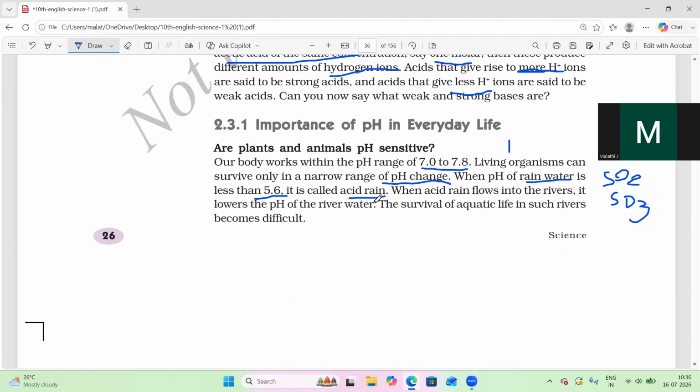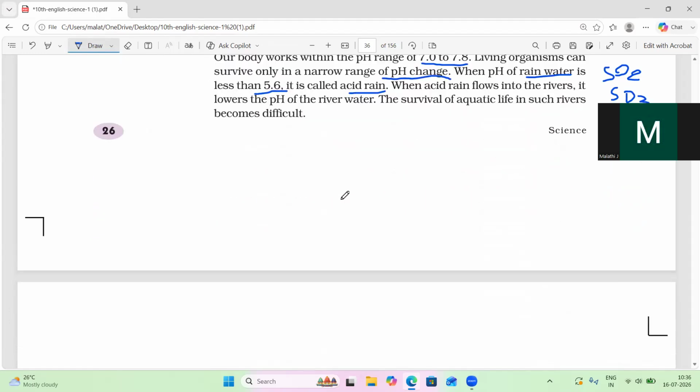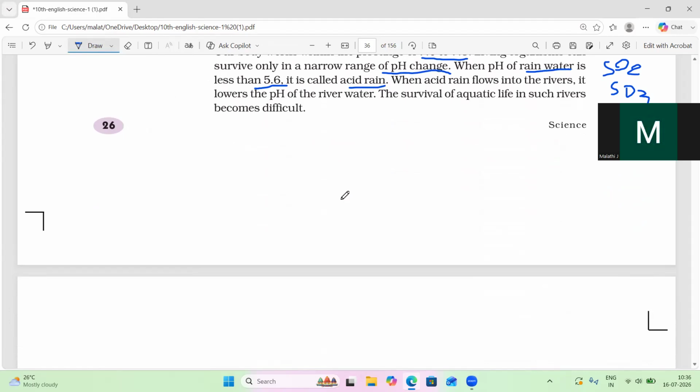So the rain becomes acidic, meaning the pH value of that rain is less than 5.6. That is called acid rain. When the pH of rainwater is less than 5.6, it is acid rain. So the survival of aquatic animals in rivers will be difficult.